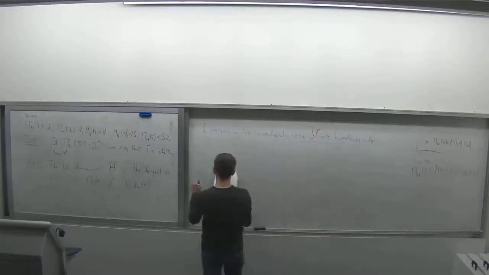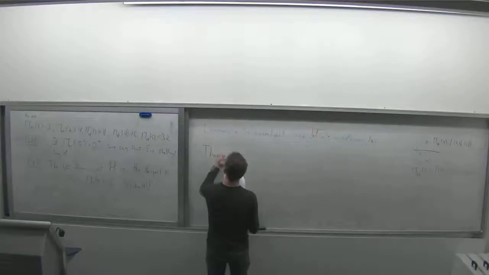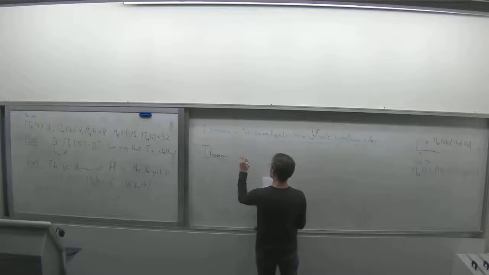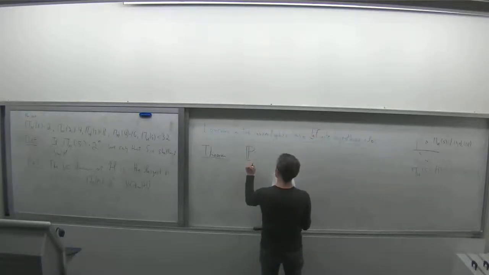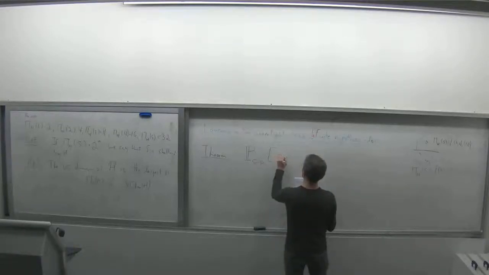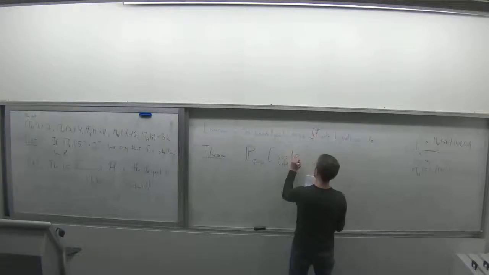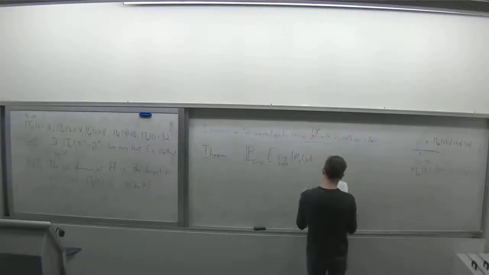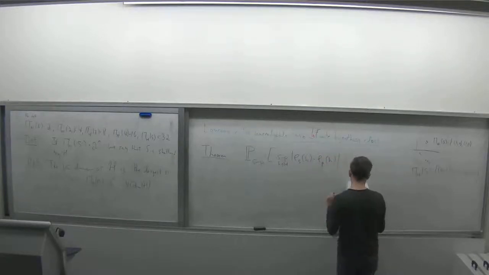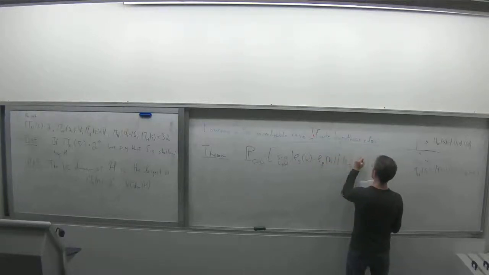So here's the main theorem that allows us to talk about learnability with VC dimension. It's a uniform convergence result. It says the probability of a sample such that the supremum over h in H of E_S(h) minus E_P(h) is greater than epsilon.